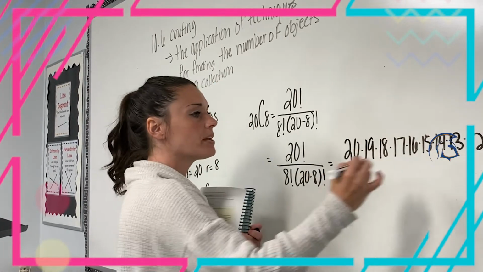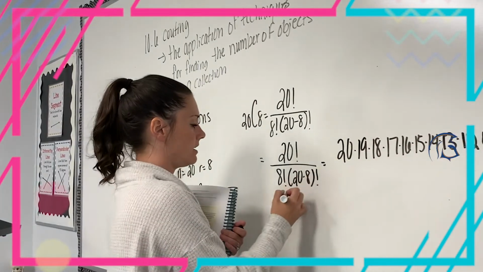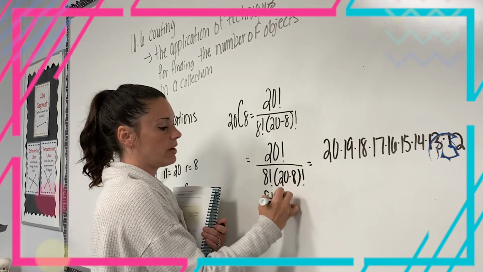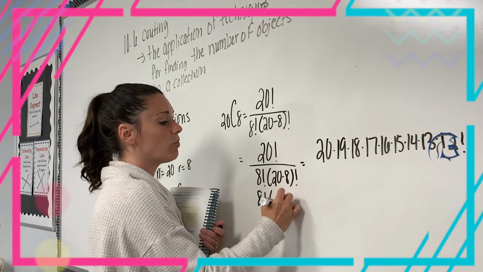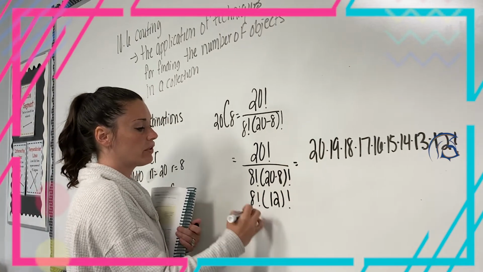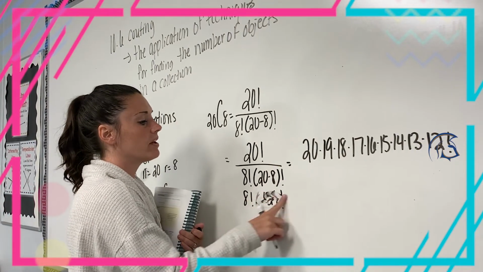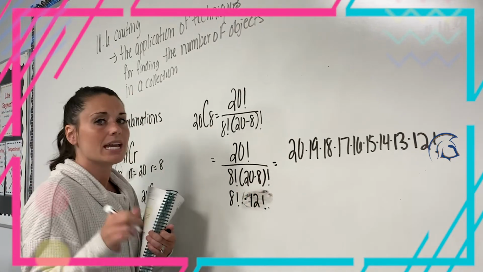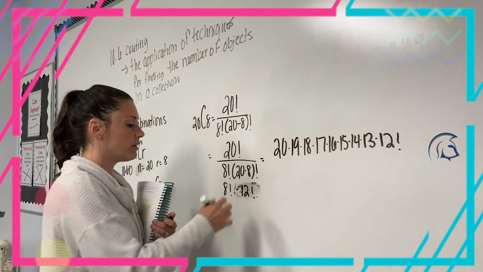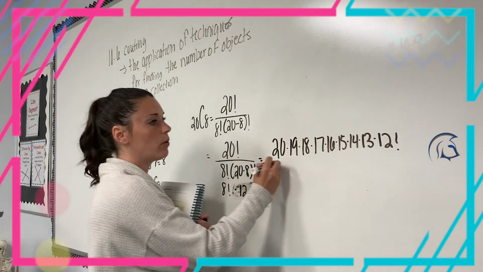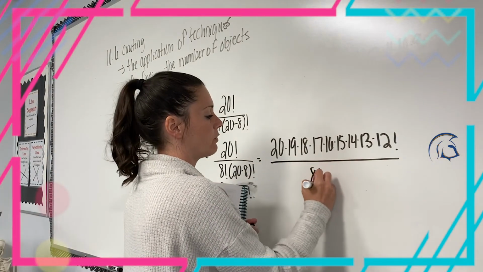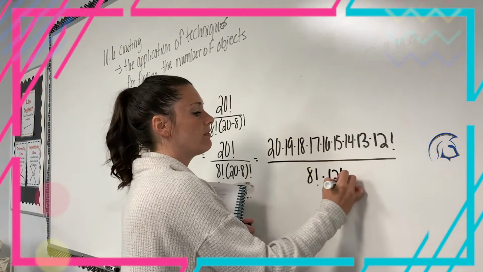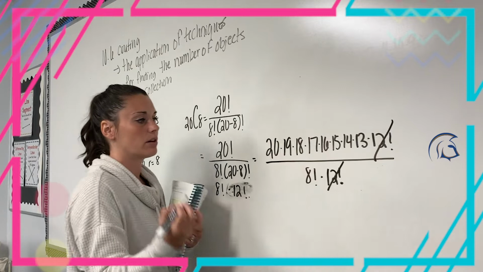Now I'm going to stop at 12, and the reason for that is right here, this is going to be 8 factorial times 12 factorial. Now, if I stop at 12 factorial, this one will cancel out and I will only have 8 factorial on the bottom, okay? So 12 factorial, I can cancel those out.